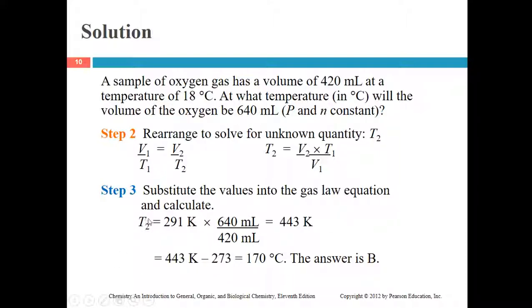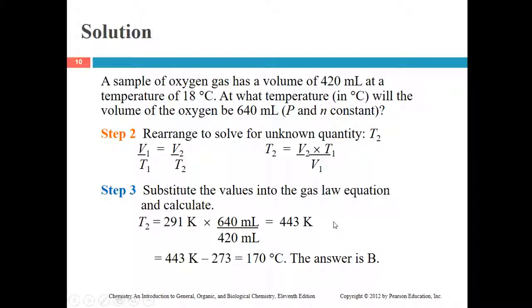So T1, when we add 273 to it, 291 K, times our second volume, 640 milliliters, divided by 420 milliliters, and your answer is 443 K. Well, you go, oh great, I got my answer.